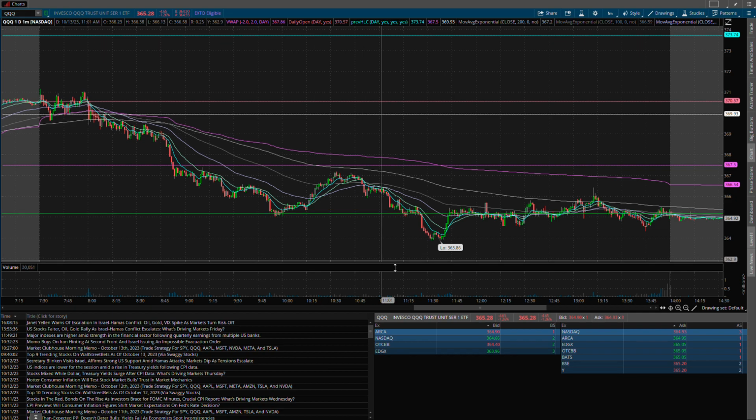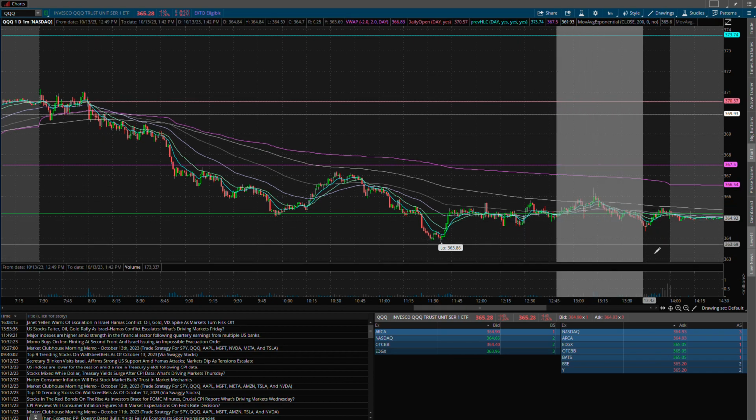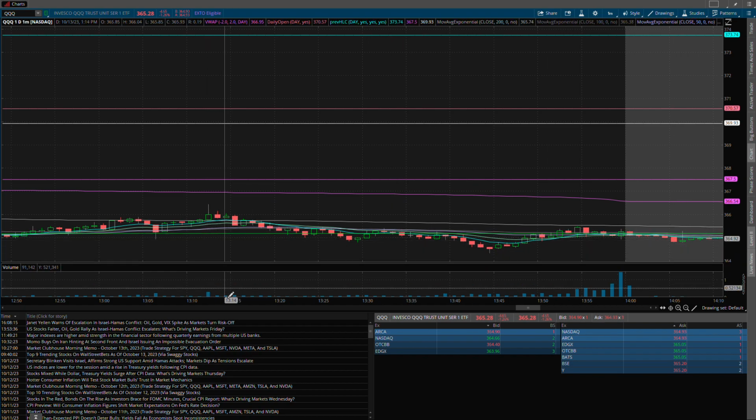Something I need to be aware of whenever I see a big wick like this, the wick right there: the market goes up with a substantial amount of volume, but it sells off.